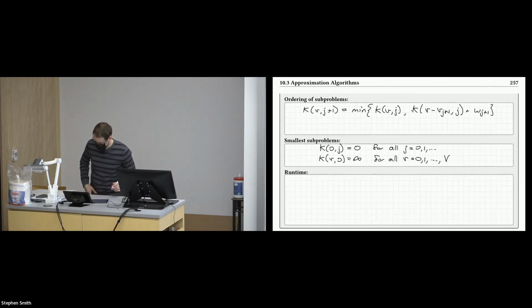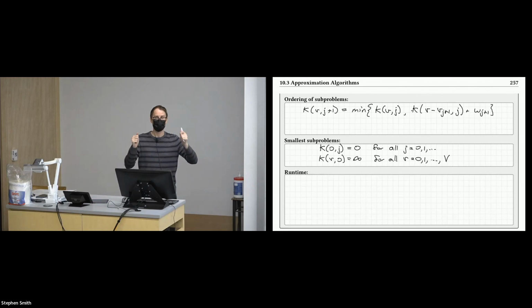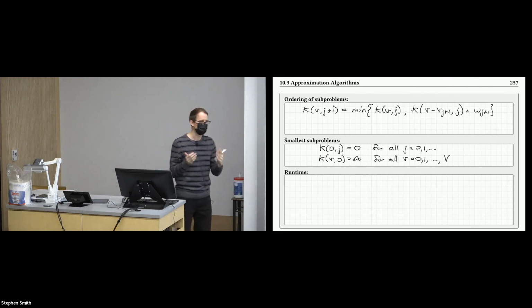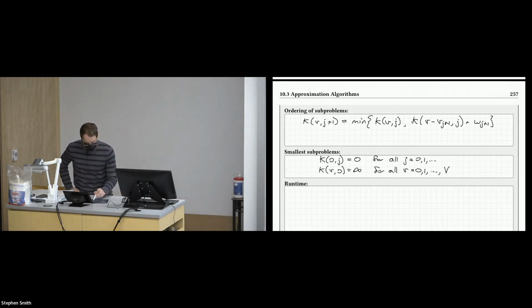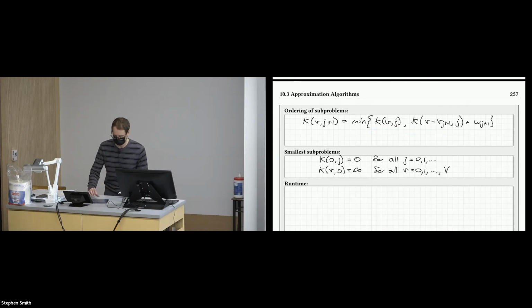And now for runtime, I just fill in this table, right? It goes for j from 1 to n, and for lowercase v from 1 or 0 up to capital V. And each entry gets filled in constant time, right? Because it's just taking a minimum of 2 previous entries in my table.